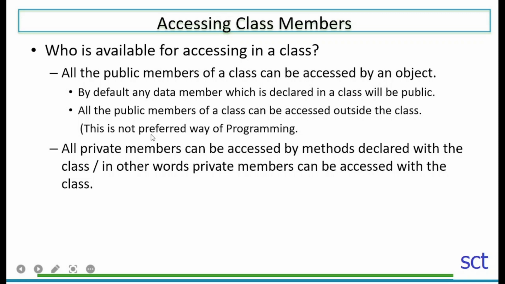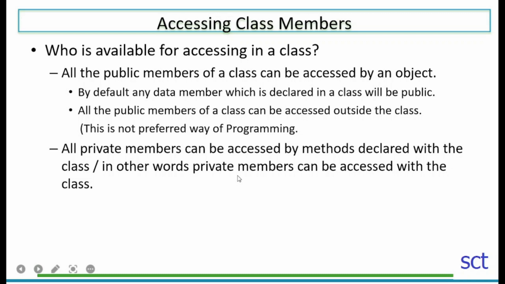Basically, the advantage of encapsulation is that we are hiding the data, actually abstraction. Abstraction and encapsulation go hand in hand. Abstraction is hiding the data from the outside world, or protecting the data from the outside world. All the private members can be accessed by the methods declared within the class.